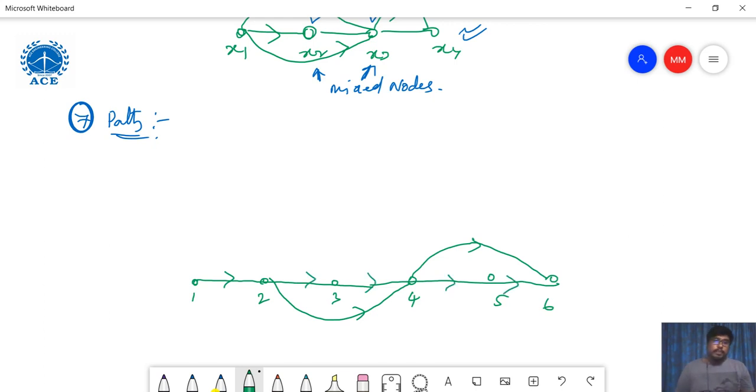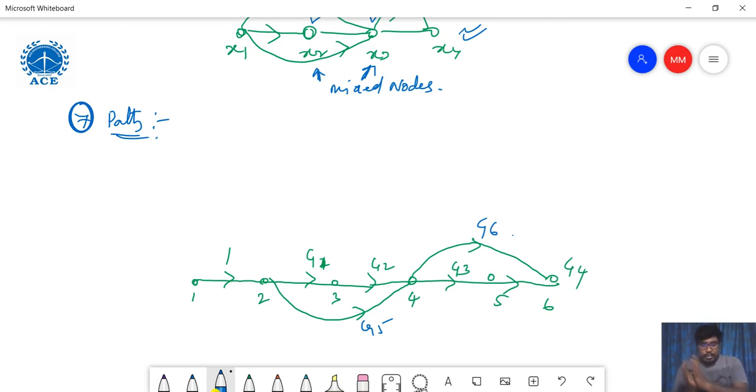For example, this is G1, G2, G3, G4, and this is G5, G6. Okay.